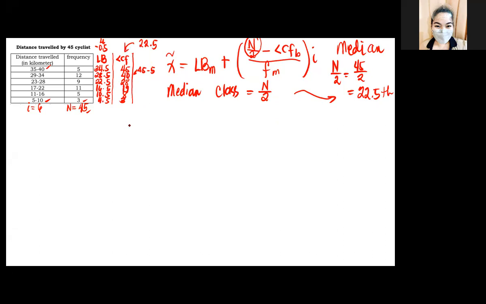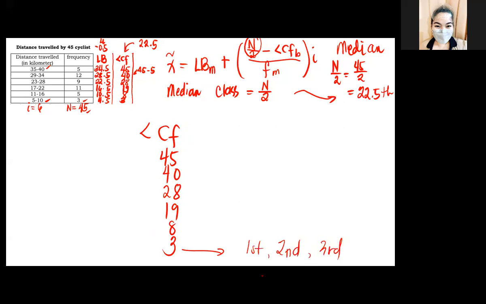By the way, explain ko sa inyo yung ibig sabihin nitong cumulative frequency na to. Sulat ko ha, 45, 40, 28, 19, 8, tsaka 3. Ano ba yung mga ibig sabihin yan? Ibig sabihin yan, location. Ito, meaning, yung class na yan includes the first, second, and third data.